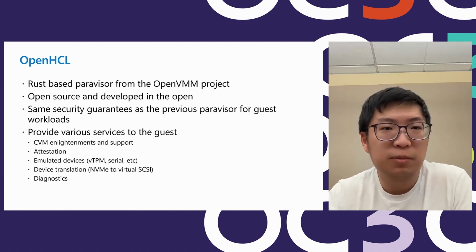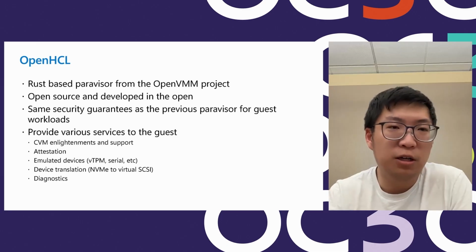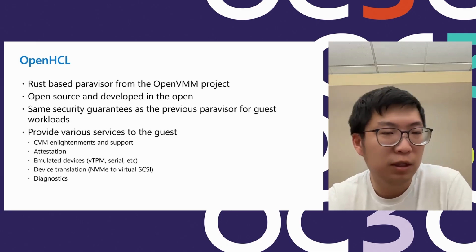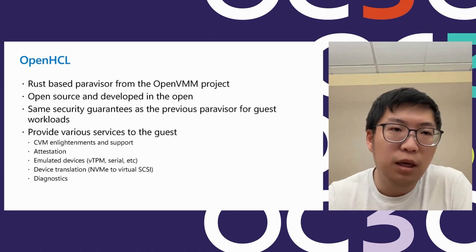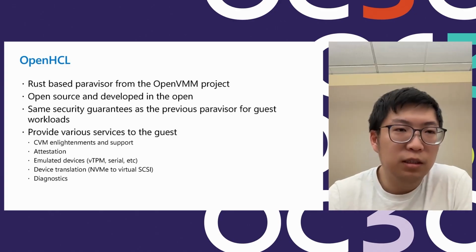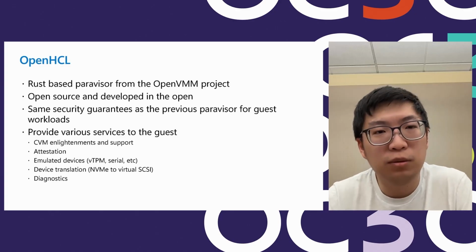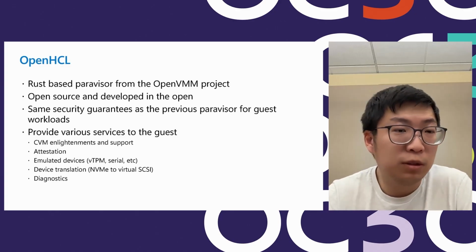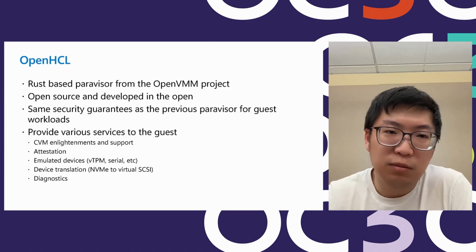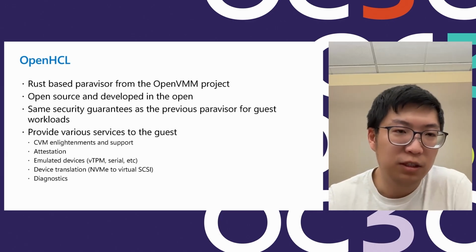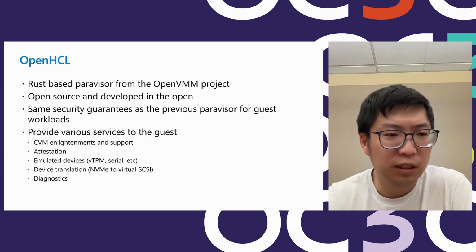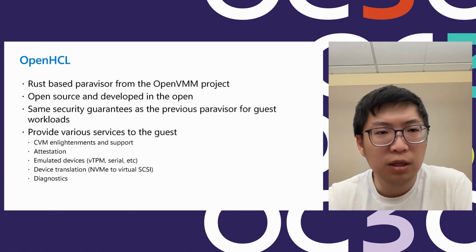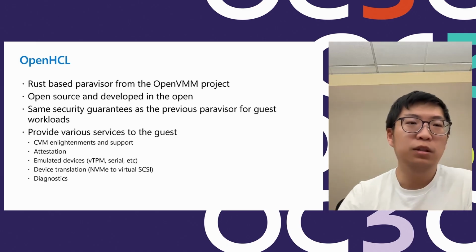This is a Rust-based Paravisor from the OpenVMM project. It's open source. We develop it in the open on GitHub. And crucially, it provides us a platform to not only do what we did with the previous Paravisor, which was interrupt virtualization, the minimal subset of things that we needed a Paravisor to do, but it can also do all of these new things, right?